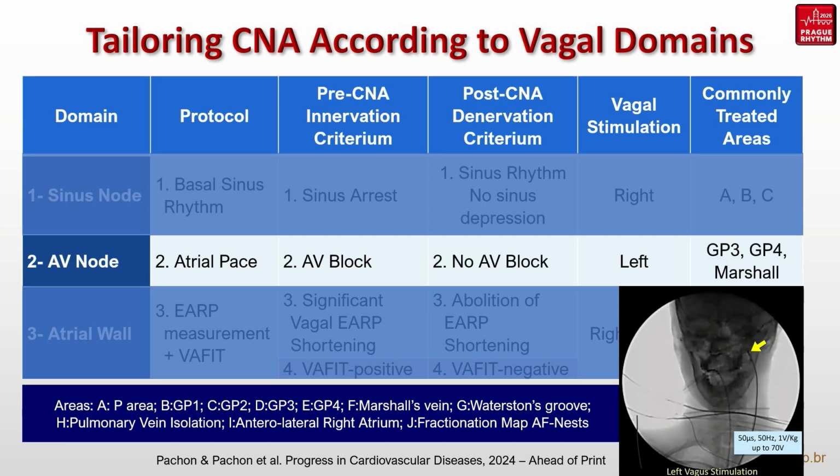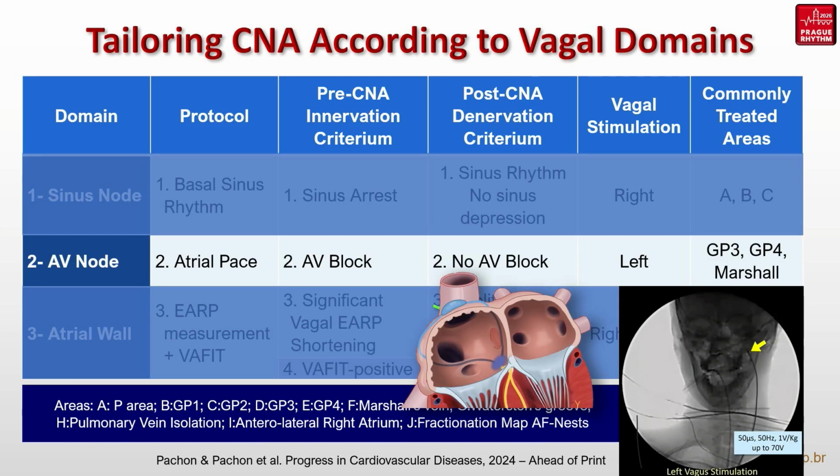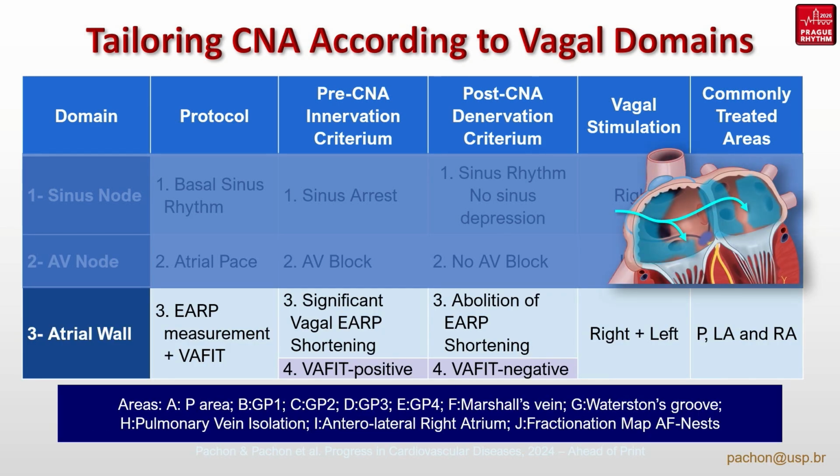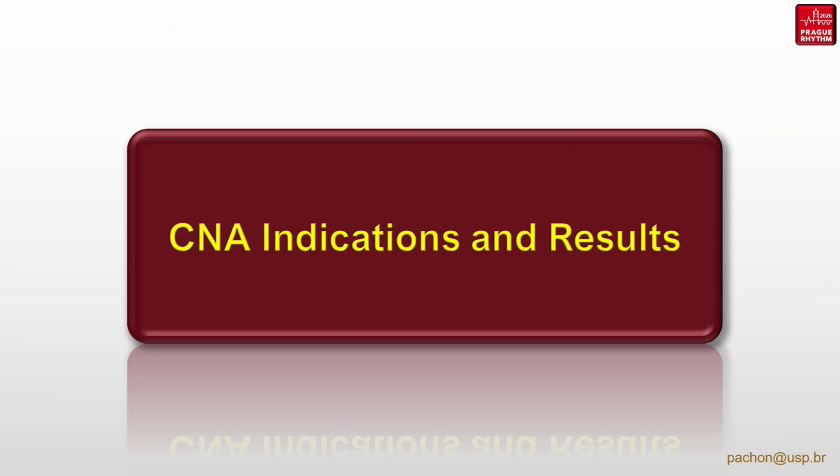It is also possible to get a tailored cardioneuroablation, for example, for functional AV block, without ablating the ganglionated plexi that innervate the sinus node. And obviously, it is very important that there is nowadays a specific cardioneuroablation for atrial fibrillation treatment.